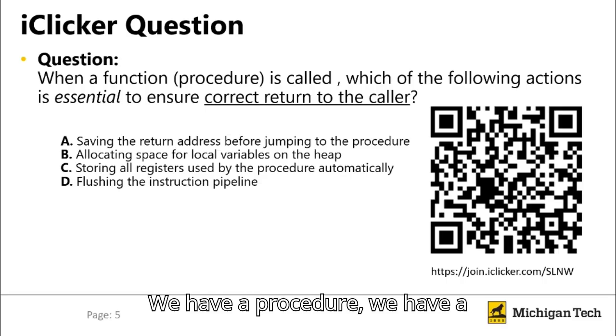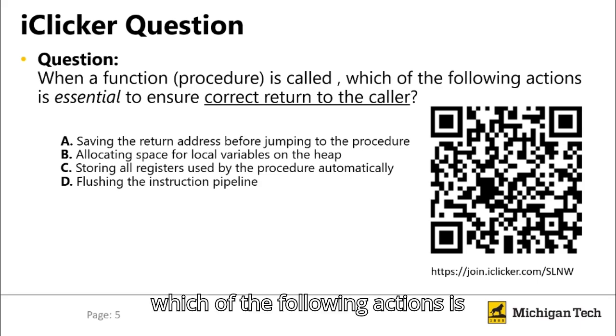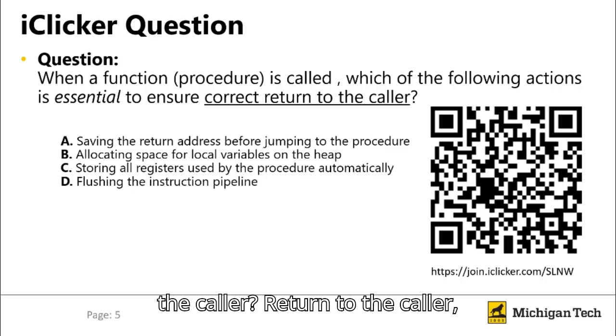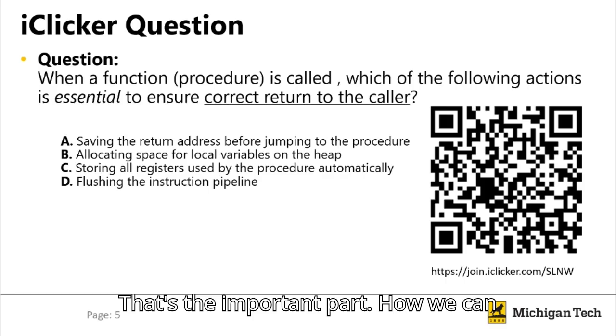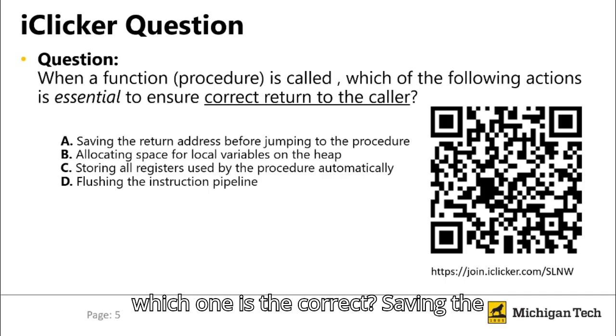So I'm asking here, try to do that. We have a procedure, we have a function, and which of the following actions is essential to ensure correct return to the caller? Return to the caller, that's the important part. How can we correctly return back? So which one is correct?